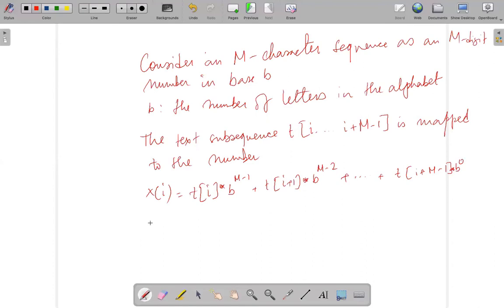So now from xi we can compute xi plus 1 for the next subsequence.